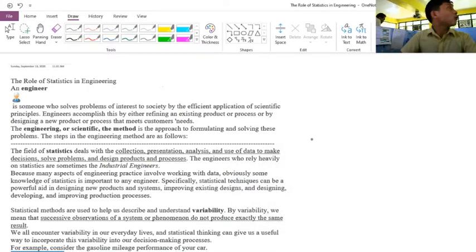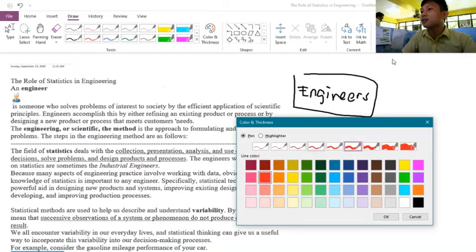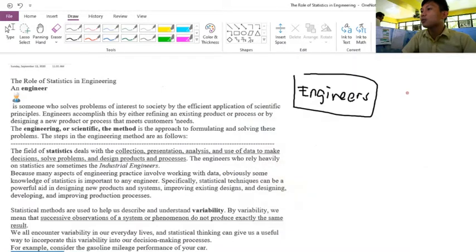Oh, bakit nandito ka? Okay, so yun yung kanina, engineers naman yan. Okay, so engineers. Now, focus naman tayo sa statistics. Right? So, ano yung statistics na yan, no?